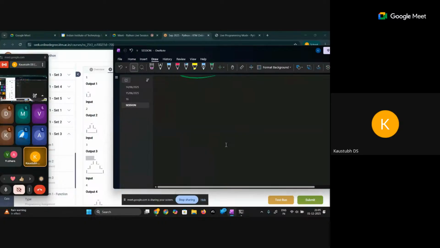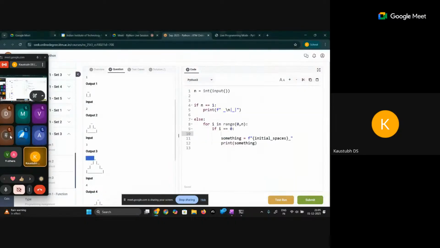Let's say when n was equal to 1, then how many spaces did we have? Simply count: one pipe, then underscore, then one pipe.